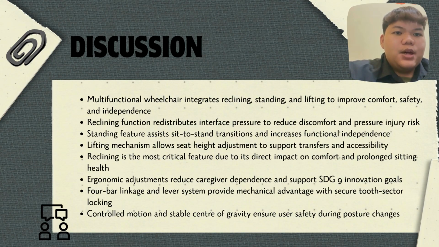This system allows for incremental adjustments, ensuring that once a desired posture is reached it is held. Other than that, particularly when posture adjustment mechanisms are introduced, during reclining operation, the wheelchair must ensure controlled and graded motion.